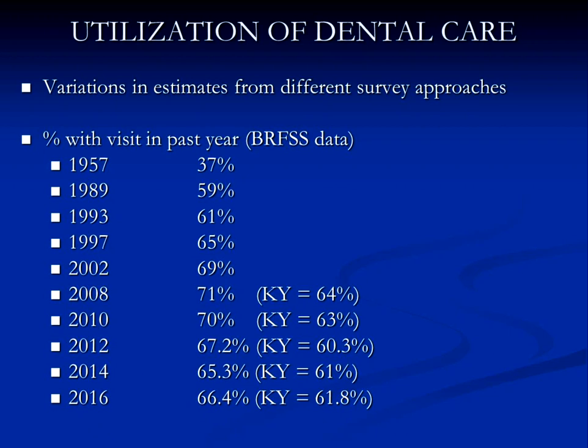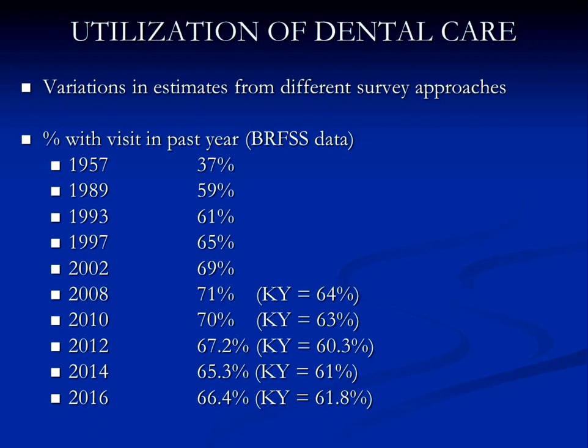And then in the early 2000s, we actually hit close to 70% utilization rate. So people were actually going to the dentist. 70% of the population was going to the dentist within the past year in 2010.